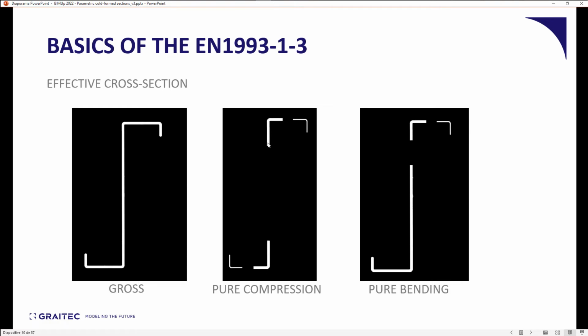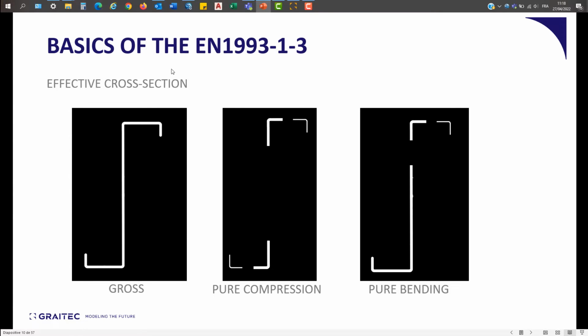And when you combine these two effects, local plate buckling and distortional buckling, you get the section that you're supposed to use for the design, and it can be really different from the initial section, from the gross section you started with.